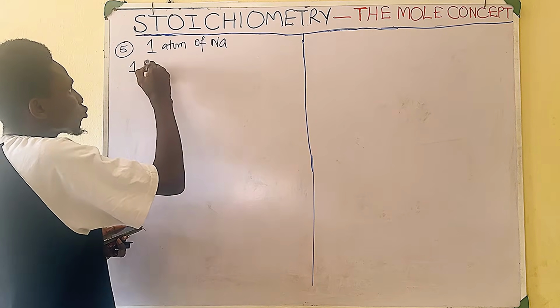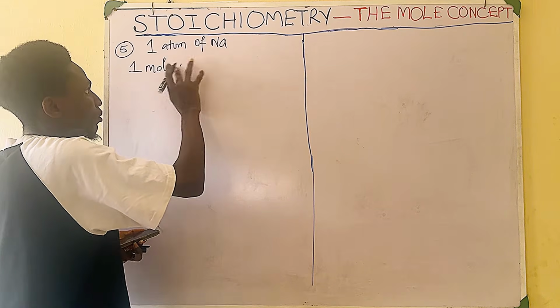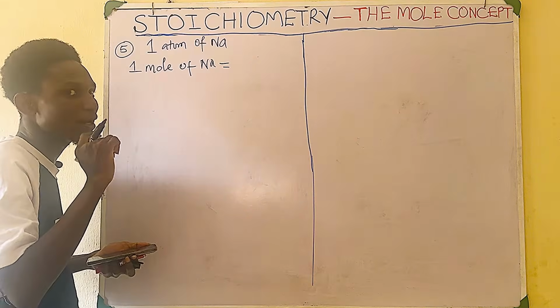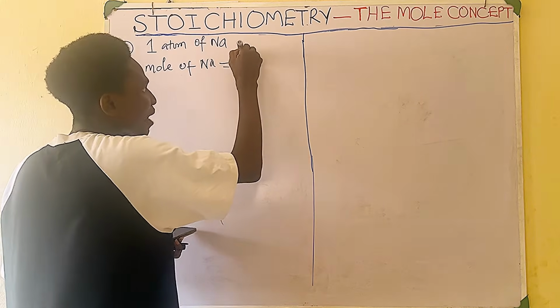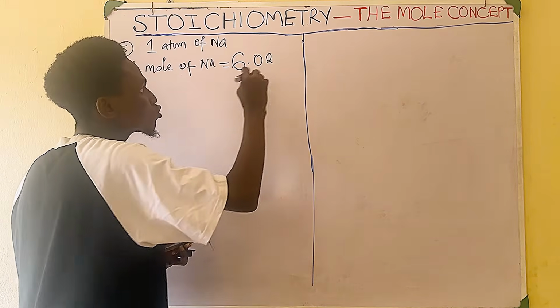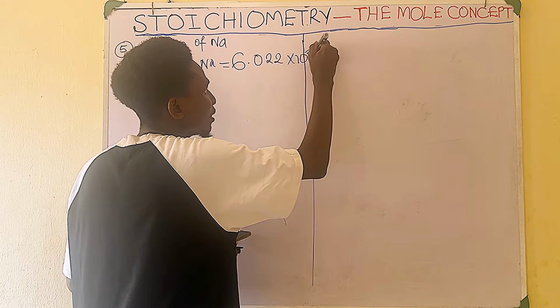1 mole of sodium. I want to do a relation now. 1 mole of sodium contains, remember that 1 mole contains Avogadro's number of atoms. That's 6.02 times 10 raised to power 23 atoms.